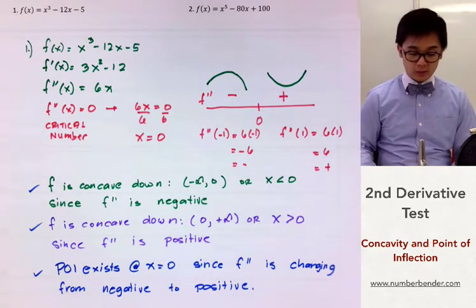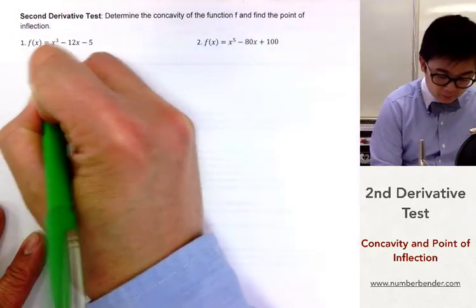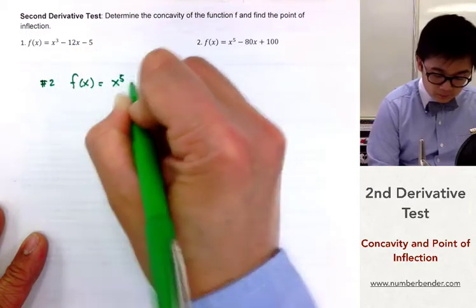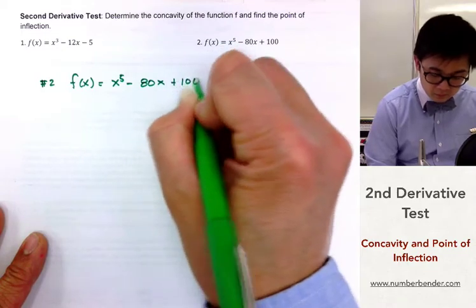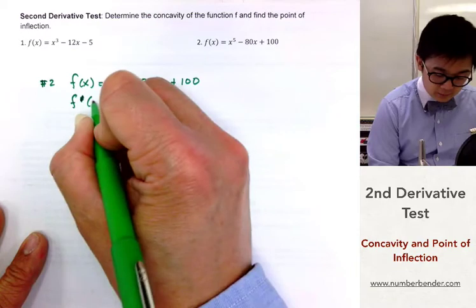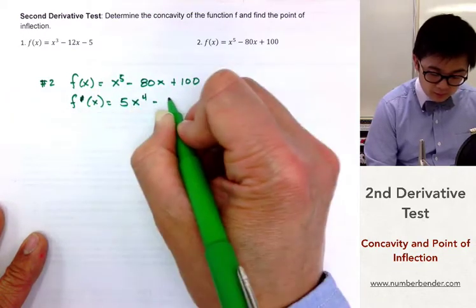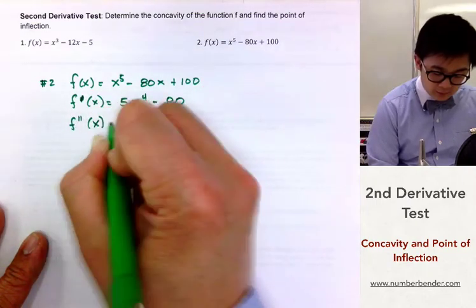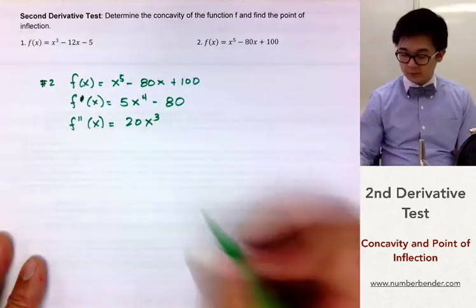Now let's answer problem number 2. For problem number 2, f prime of x is 5x to the 4th minus 80, and f double prime of x is equal to 20x cubed.